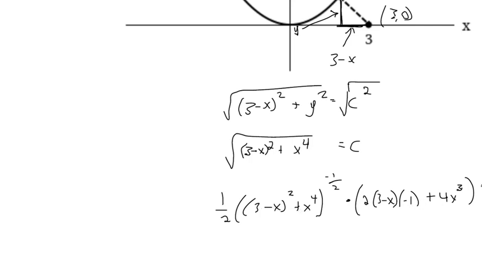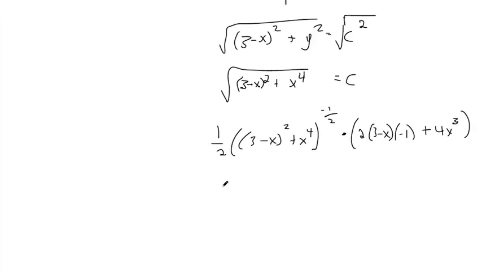That's what the derivative of c is with respect to x, and we need to set that equal to 0 to find critical points. So remember, a negative 1/2 power is like being in the denominator of the fraction. That might help you rewrite it, but what I would do first is multiply both sides of the equation by ((3 minus x) squared plus x to the 4th) to the 1/2 power.